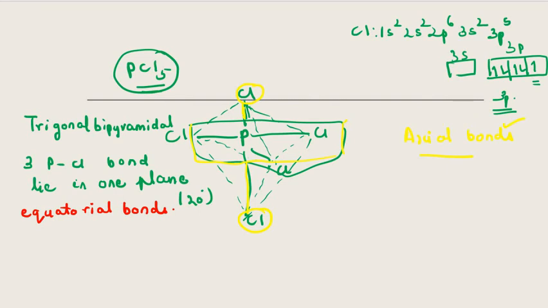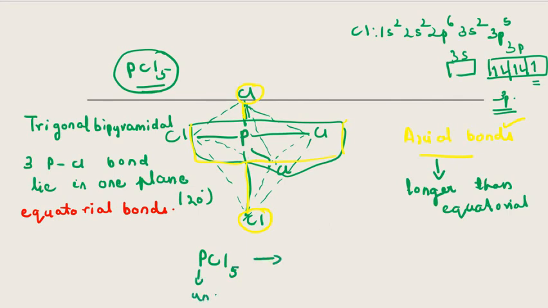Now it has been found that the axial bonds are slightly longer than the equatorial bonds. And thus the PCl5 molecule gets easily dissociated. Why? Because its structure is unsymmetric.